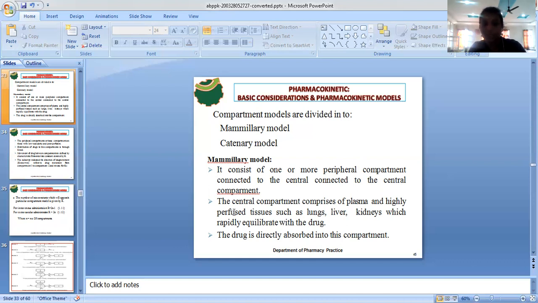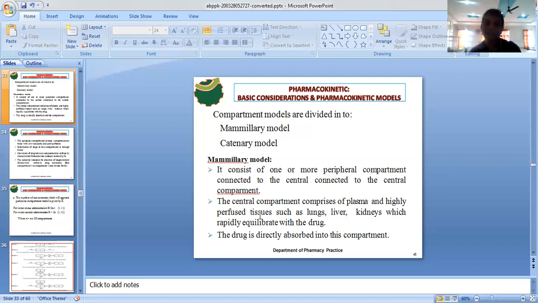The central compartment comprises highly perfused tissue where the blood flow is high, such as the lungs, liver and kidney. All these come under the central compartment.